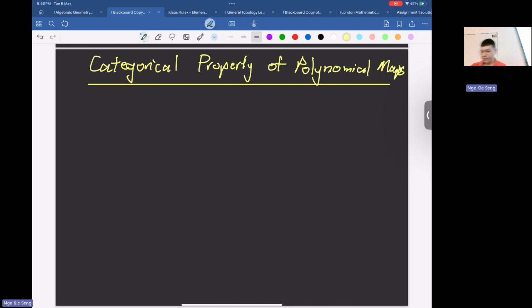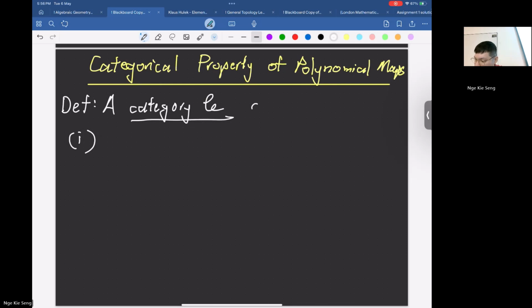So we introduce this jargon through the properties. But before that, we need to have all of us on the same page, so we're going to define what a category is first. A category consists of two data.